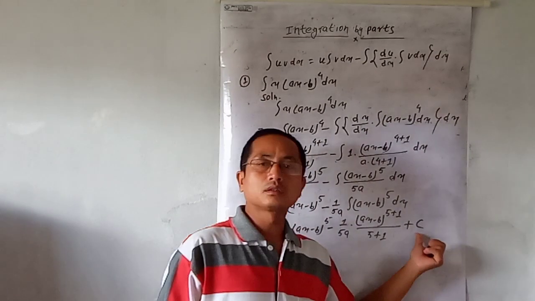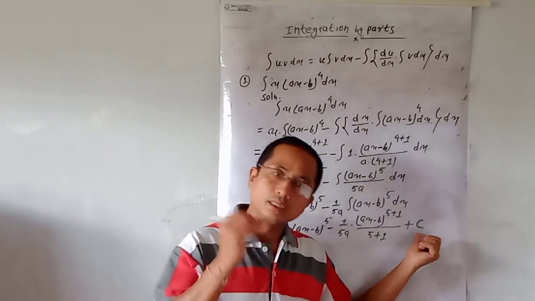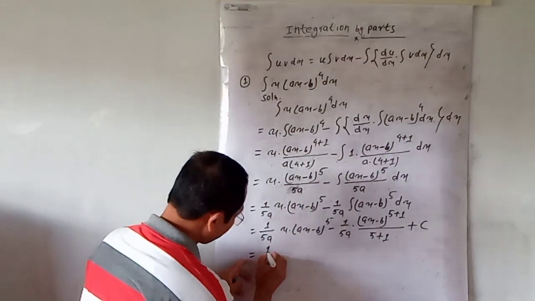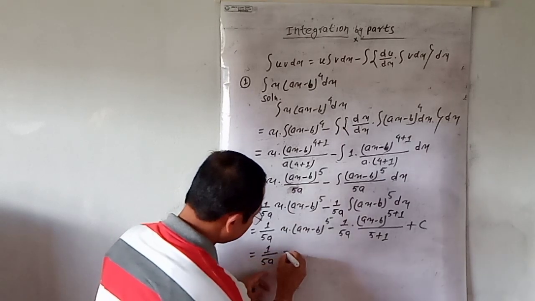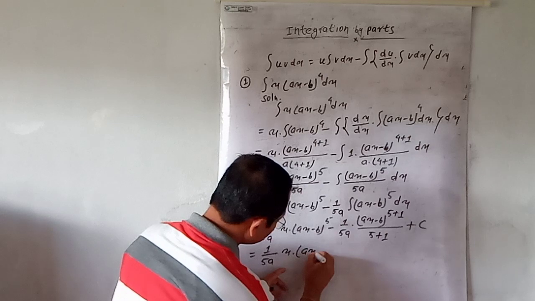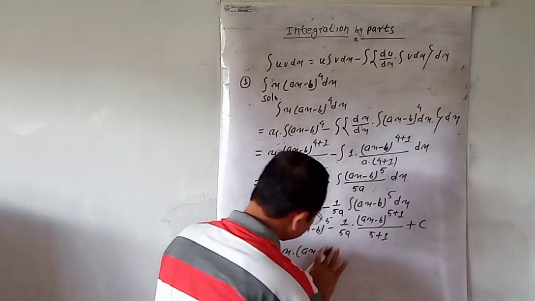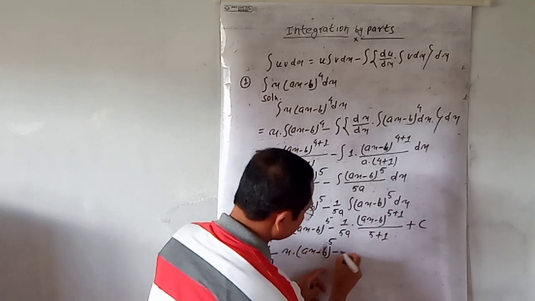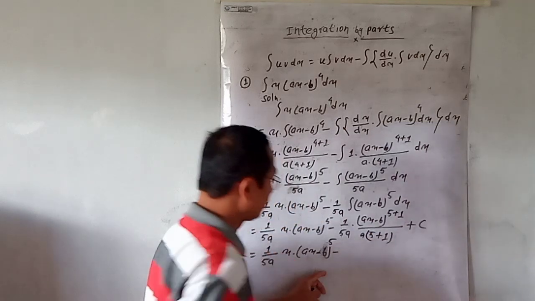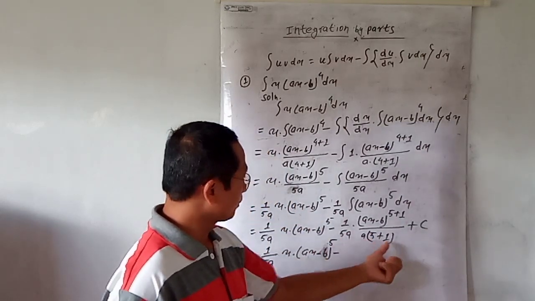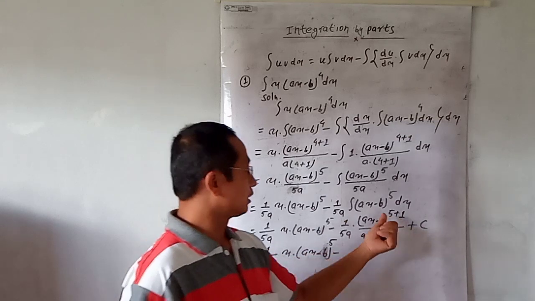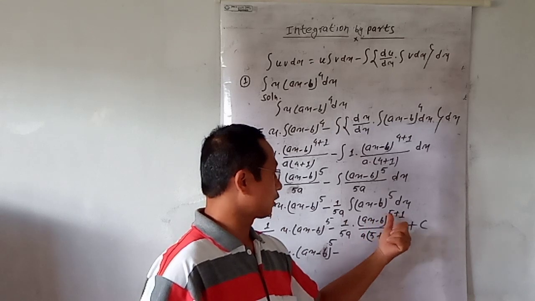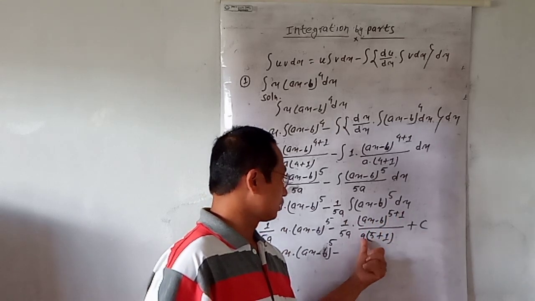Here c is any constant, which has to be written when we calculate the integration. Then 1 by 5a, x into (ax - b)^5 minus, look here, a into 5 plus 1. By the same power rule, the integration of (ax - b)^5 is (ax - b) to the power 5 plus 1, divided by (5 plus 1) into a.